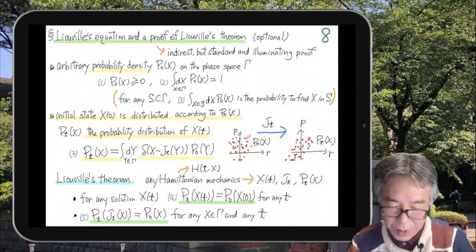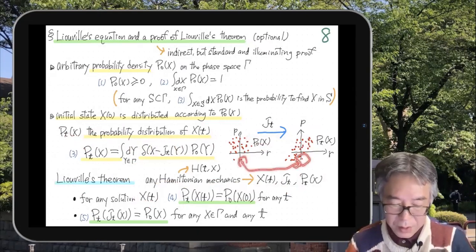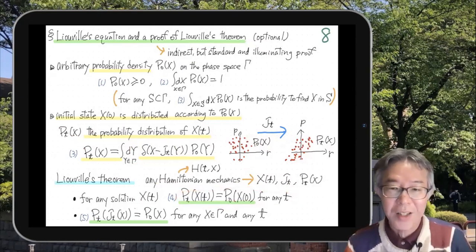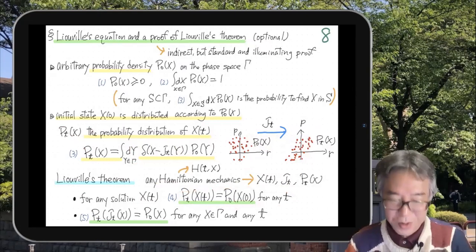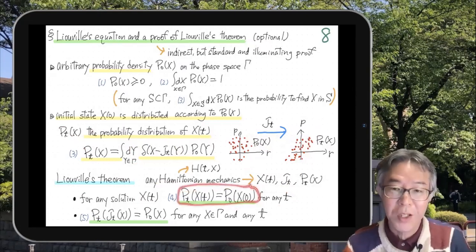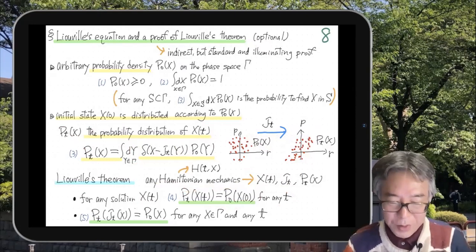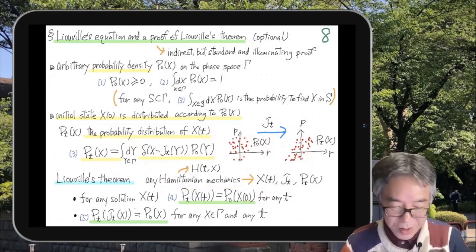And if you start from here, the density is very small. And if you go here, you find the density around you is still the same. It's very low. So the density is always preserved. And this is not an easy trivial equation. This looks like a trivial equation, but you need a proof. This holds only for Hamiltonian mechanics. So this is not a trivial thing.